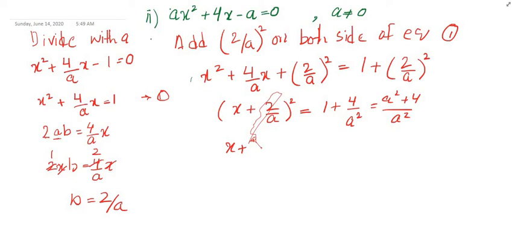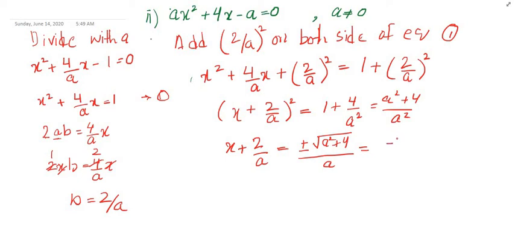This becomes x plus 2 by a equals to plus minus square root a square plus 4 divided by a. Clear? The square is cancelled with the square root. x equals to minus 2 plus minus square root a square plus 4 divided by a.